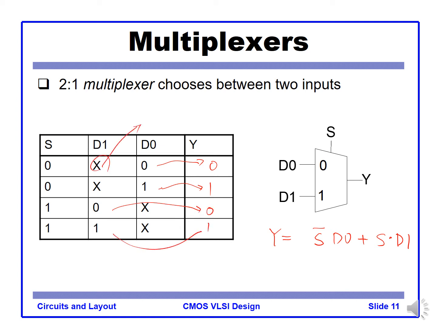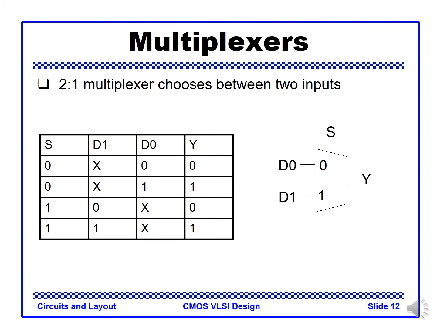X means don't care. We don't care what D1 is if S is 0, right? Because D0 goes to the output. Okay, so we draw the symbol like that for the multiplexer.